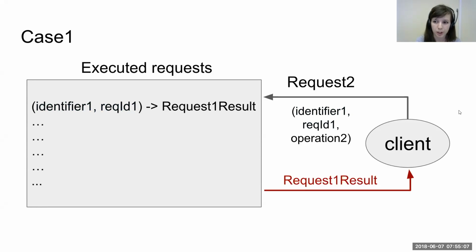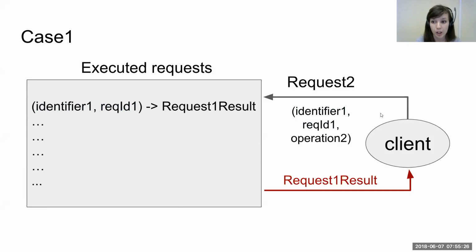Despite the obvious difference in the request, we have the same primary key. As a result, the client receives an incorrect response, and the request will not be executed.